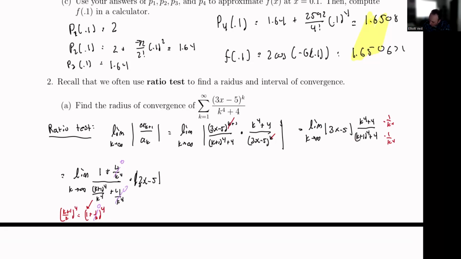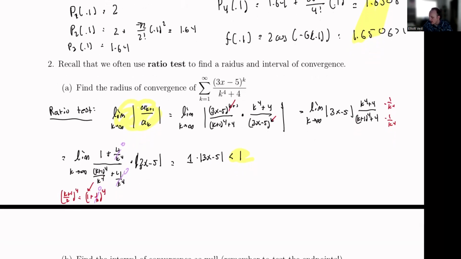So I have 1 over 1. So this just equals 1 times 3x minus 5. That needs to be, let's highlight this, less than 1 in order to converge. So this is what we have here.